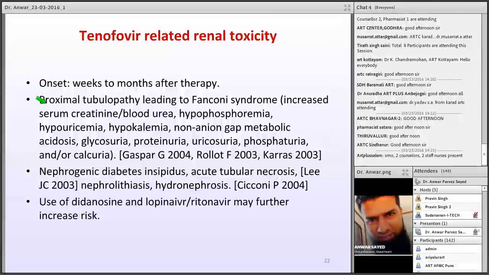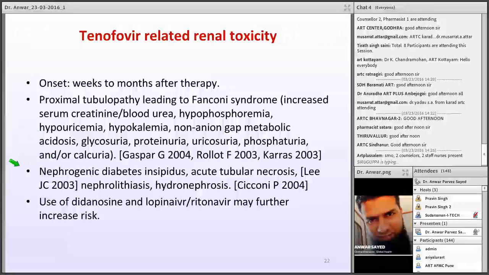Proximal tubulopathy leading to Fanconi syndrome. Now this is the main or most common presentation. Then increased serum creatinine, blood urea, hypophosphatemia, and then hypokalemia, and glycosuria, and like we discussed before, in absence of hyperglycemia.